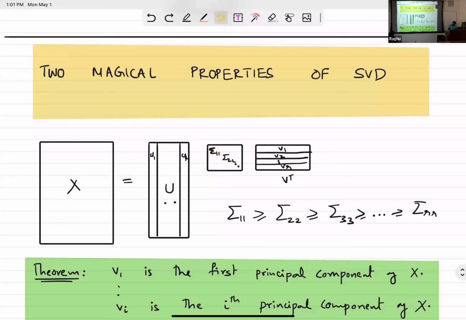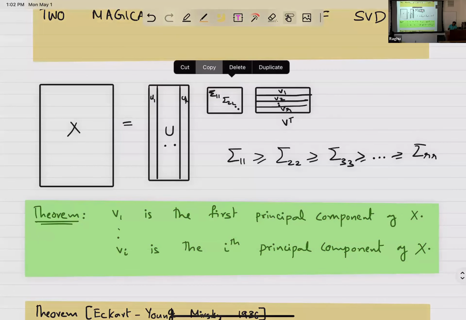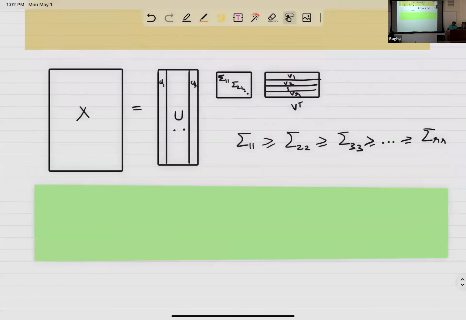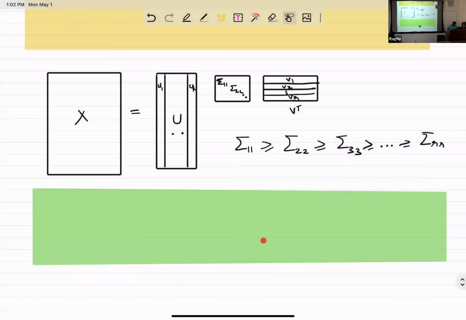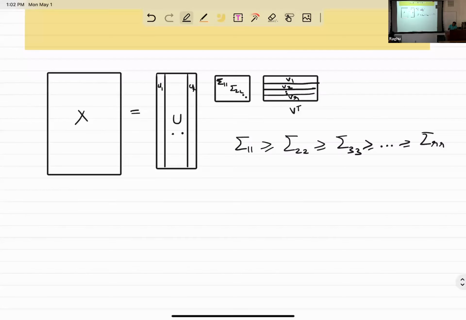Maybe let me draw a picture. The Eckart-Young-Mirsky theorem says if I want the best rank k approximation, really only look at the first k columns of U, the k by k submatrix of sigma, and the first k rows of the V transpose matrix.